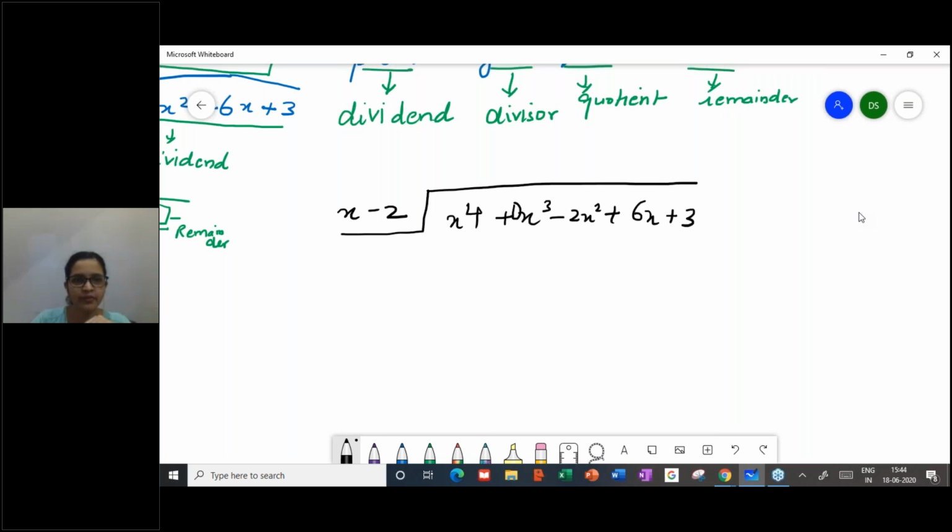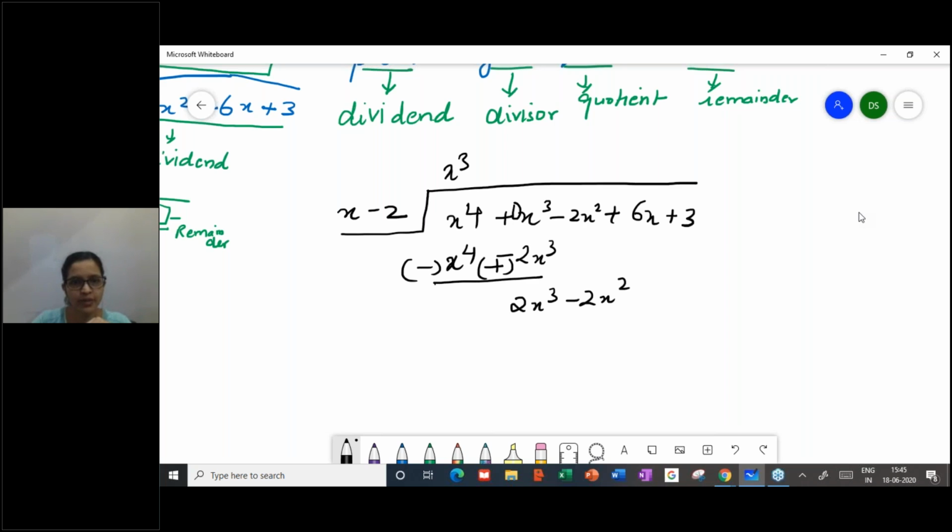To get x power 4, what will you multiply with x? You multiply with x cube, and you'll get x power 4 here. Then the next term will be minus 2x cube. Now I perform subtraction. There'll be a sign change, and this gets cancelled. You are left with 2x cube minus 2x square.